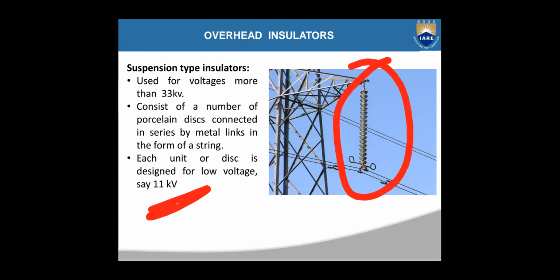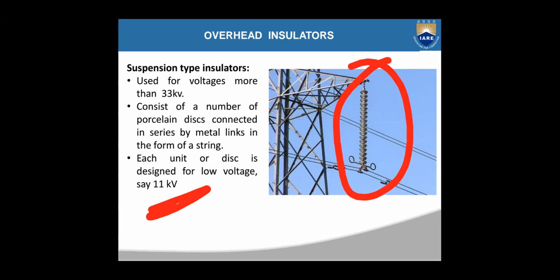If you want 66 kV, you have to connect 6 discs in series, like that. As the voltage level increases, you keep increasing the discs. Each disc is designed for 11 kV. Depending upon the voltage you are supplying, the number of discs connected in series will go on increasing.